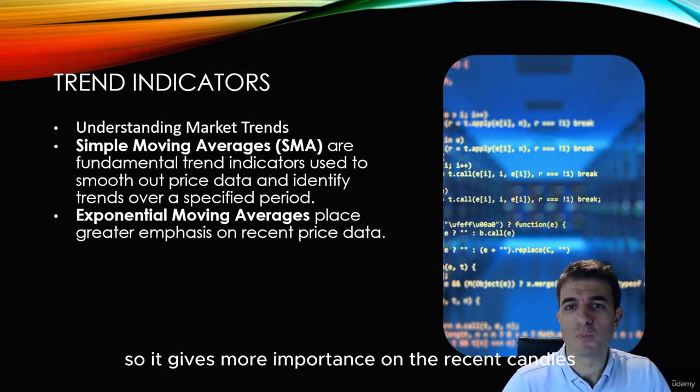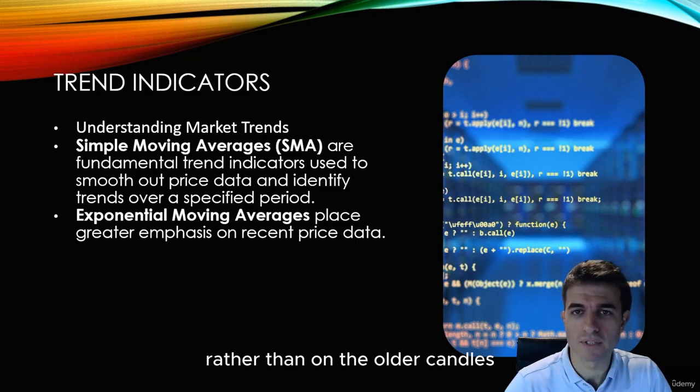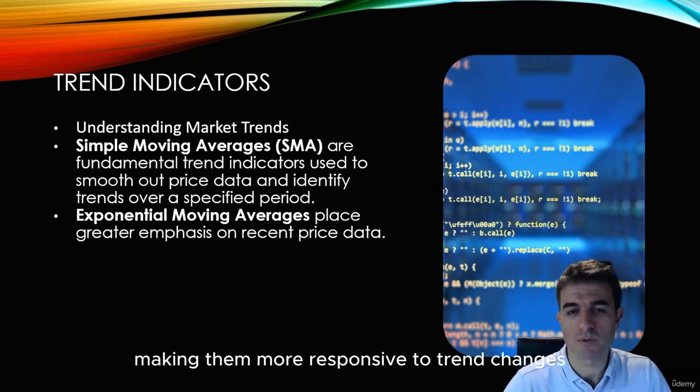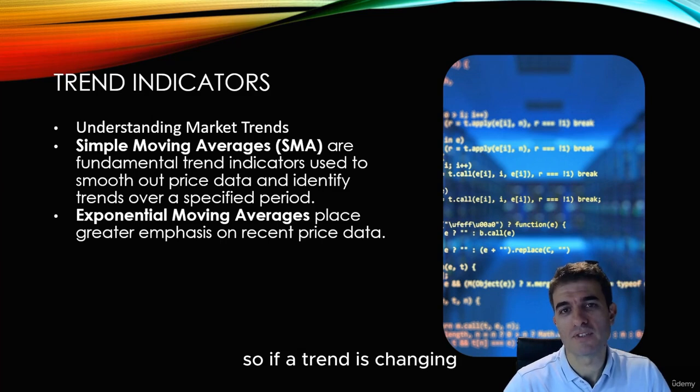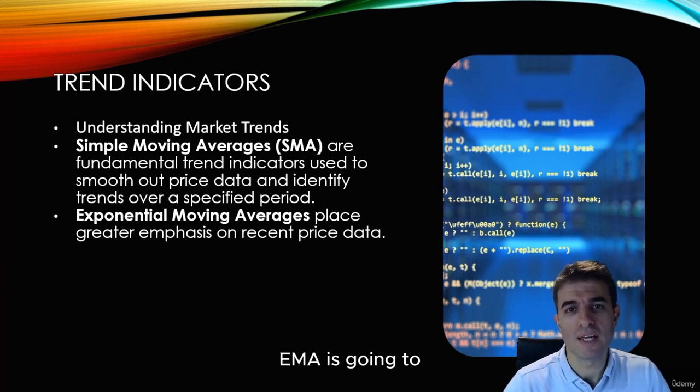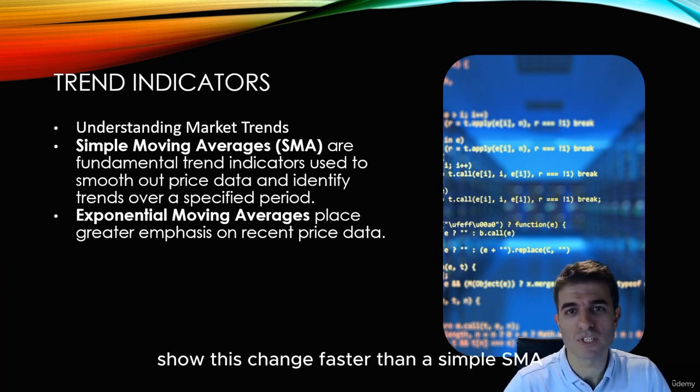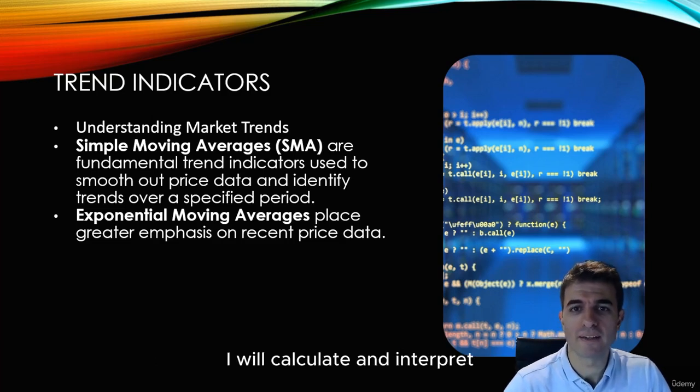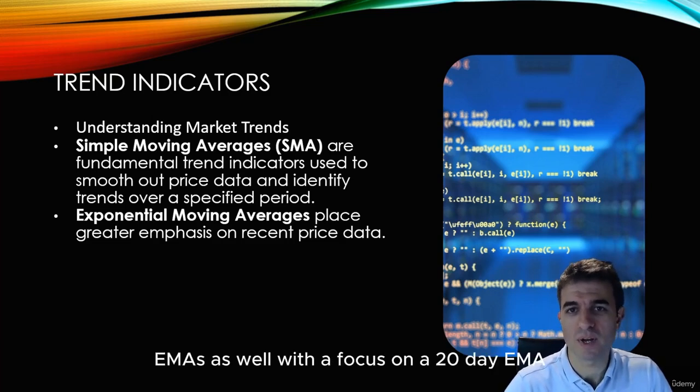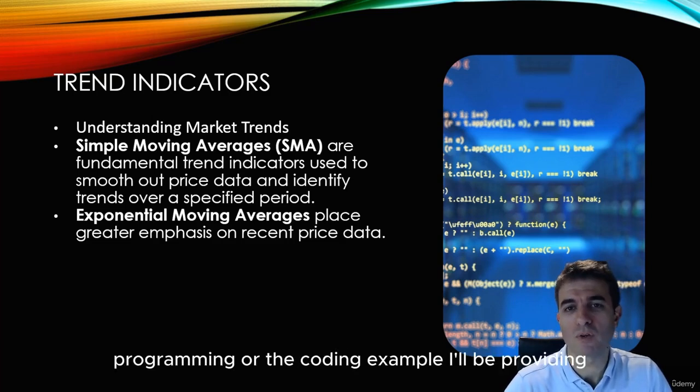They give more importance to the recent candles rather than the older candles, making them more responsive to trend changes. So if a trend is changing, the EMA is going to show this change faster than a simple SMA. We'll calculate and interpret EMAs as well, with a focus on a 20-day EMA, also in the coding example I'll be providing.